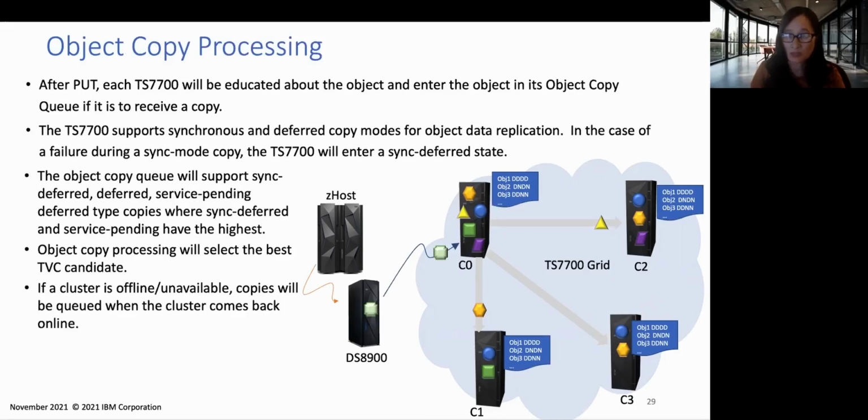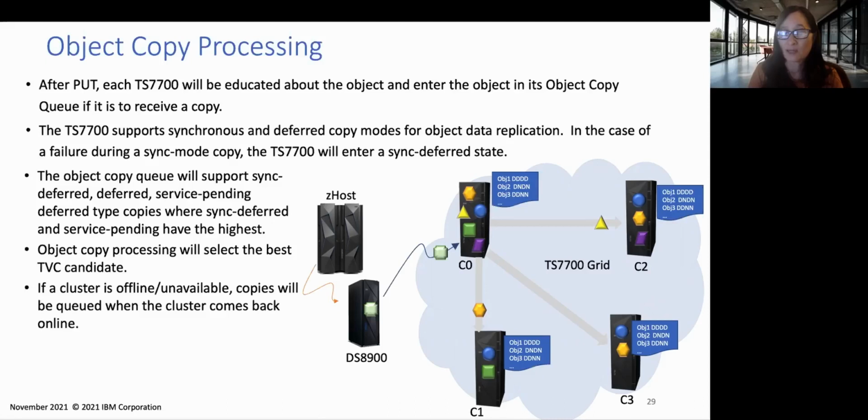So if in this case we're pointing to cluster 0, and cluster 0 goes, oh, that's cloud name 1, I'm going to use object policy X. And that says I do deferred copies to all clusters in my grid, whatever it may be. And then the 7700 will push those copies, or actually pull those copies from each 7700.